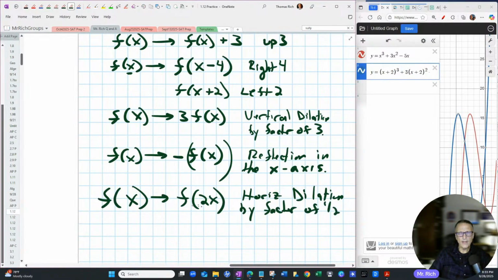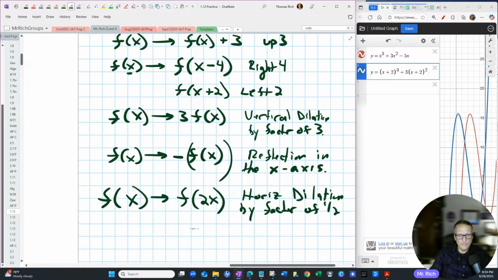So if I replace all the x's with 2x, what I have done is I've taken the whole graph and squished it like an accordion, and all of the points have become half the distance to the y-axis. The whole thing came in and got sucked in closer to the y-axis. In this case, with that 2, it would have been cut by a distance of 1/2.